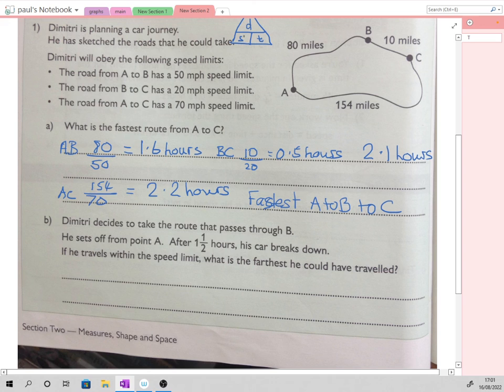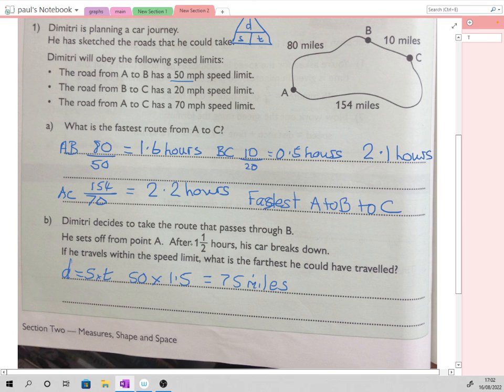The distance equals the speed times the time. So 50 times 1.5 hours is 75 miles. That's the farthest he could have travelled. Okay, that's a good one.